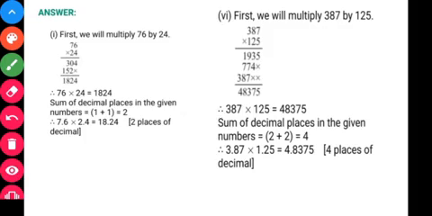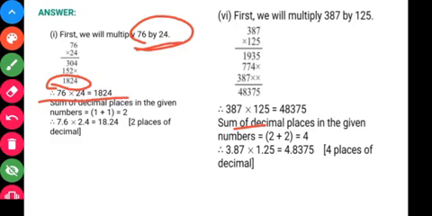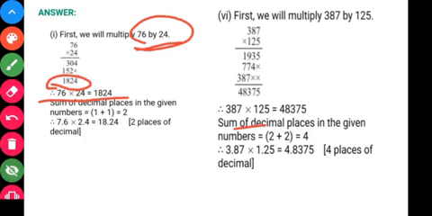Here first we'll multiply 76 by 24, then we'll get 1824. So the product of 76 and 24 is 1824. Now the sum of decimal places in the given numbers: here it was 1 place and here also 1 place. So the sum of decimal places is 2.